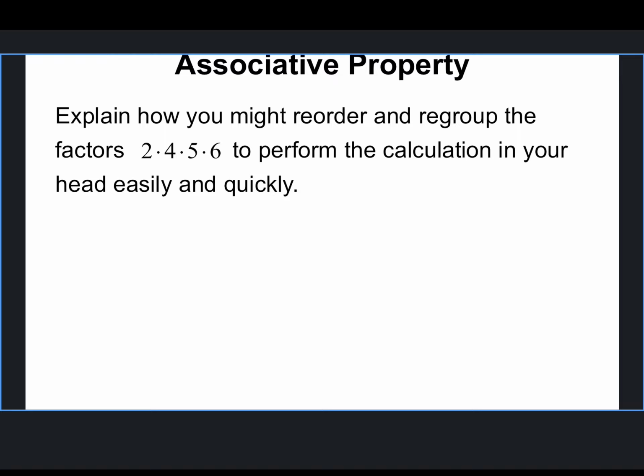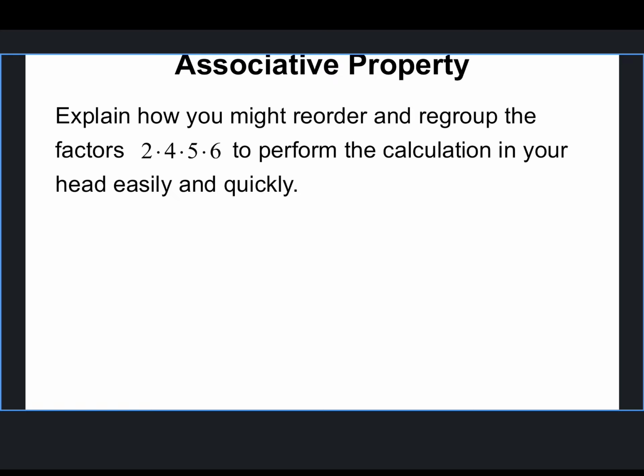Let's zoom out for a second. What things are easy for us to multiply? Remember, we have the commutative property. We can change the order too. You don't have to do 2 times 4. You could make it 2 times 5, and you could do 2 times 6. Which things are easiest for us to multiply? 5s and 10s make things much easier.